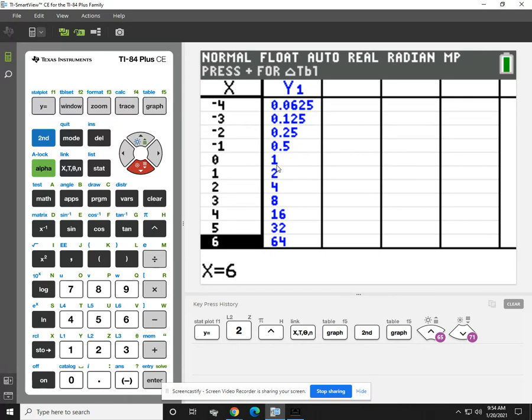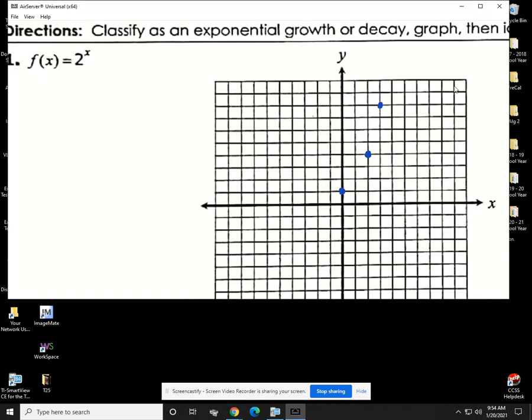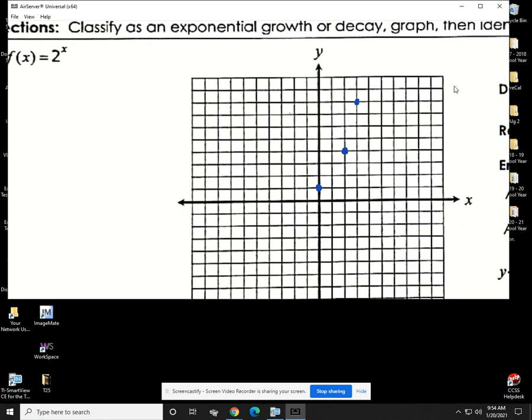Let's find some points and plot them. I'm going to plot a point at the y-intercept, 0, 1. There's some other good ones. 2, 4 is a good one. You can put as many of these as you want. I'm going to go ahead and put 3, 8 as well. I'm going to graph this with some pretty easy confidence, knowing it can never cross the x-axis.